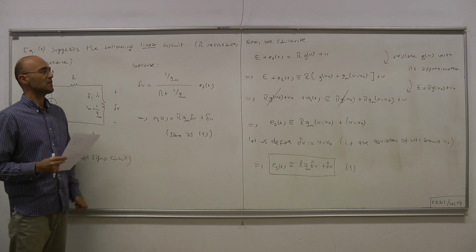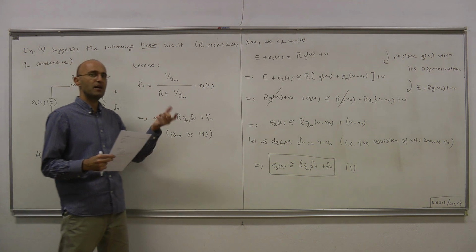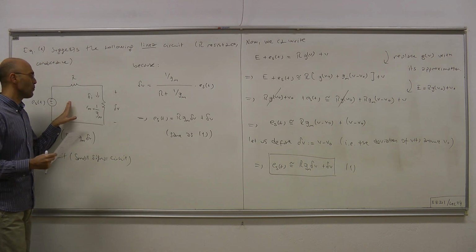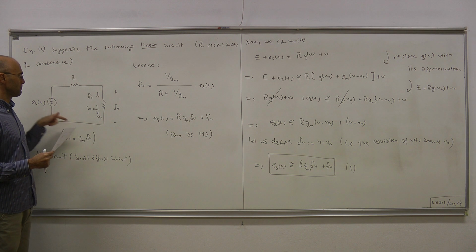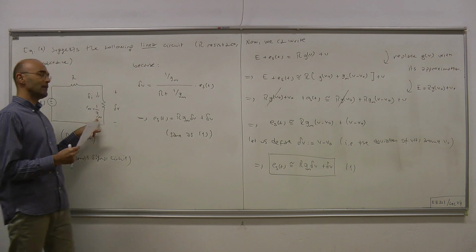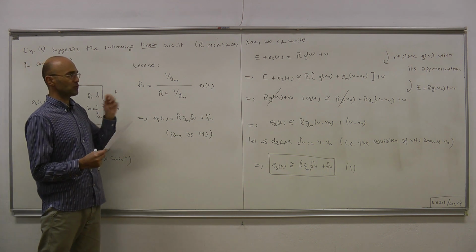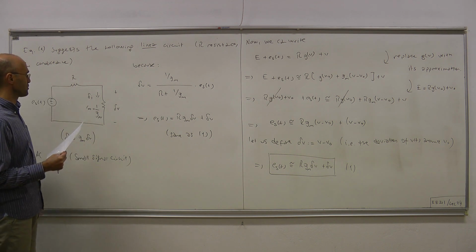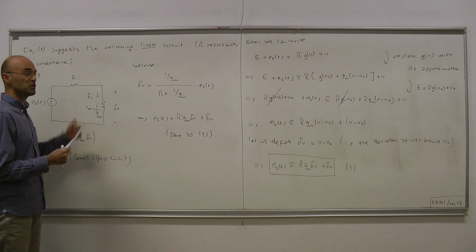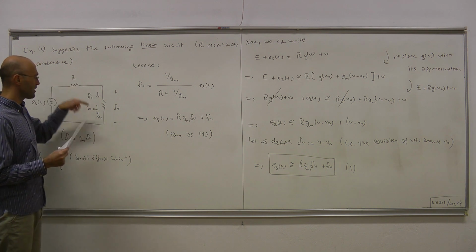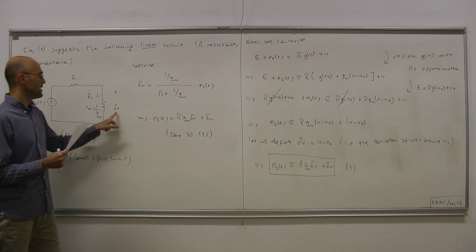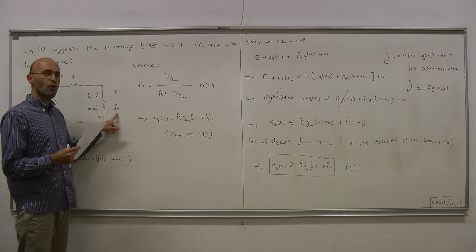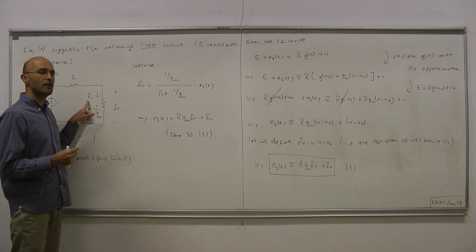So step 1 was to kill the AC source and figure out the DC operating point, I0 and V0. Step 2, obtain the AC circuit, or the small signal circuit, by evaluating the slope of G at V equals V0, the DC operating point, and by solving this very simple circuit, figure out delta V and delta I, the deviation of the voltage around V0 and the deviation of current around I0.